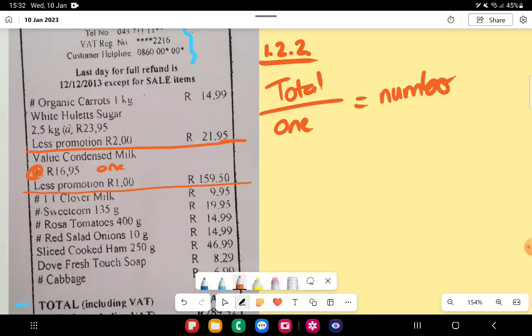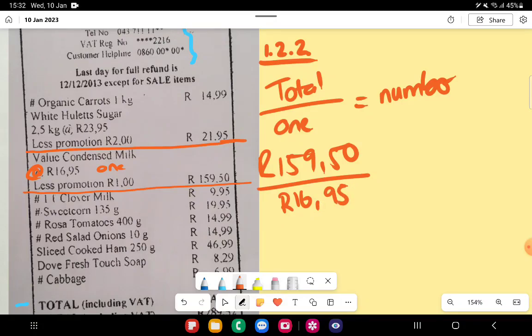So if I use that formula, I would do total being 159.50 rands divided by 16 rands 95 cents for one, and that should give me the total number of cans. Let's try this.